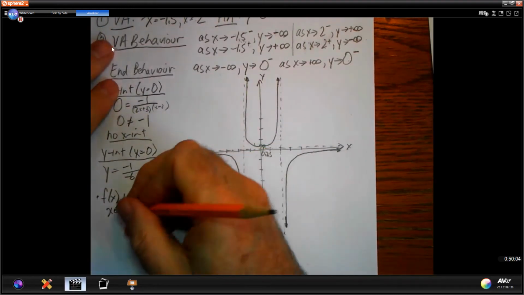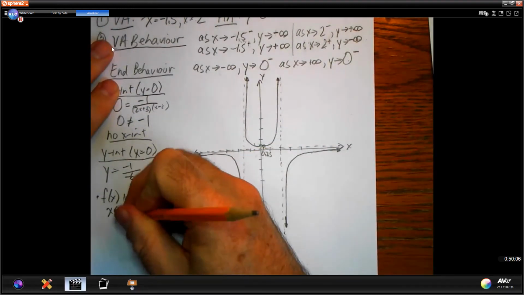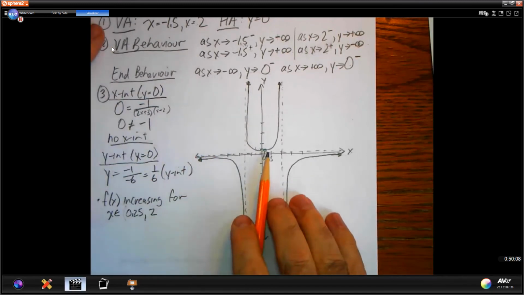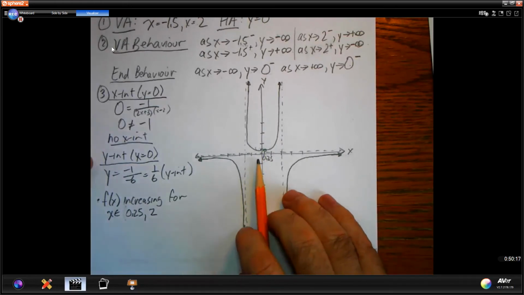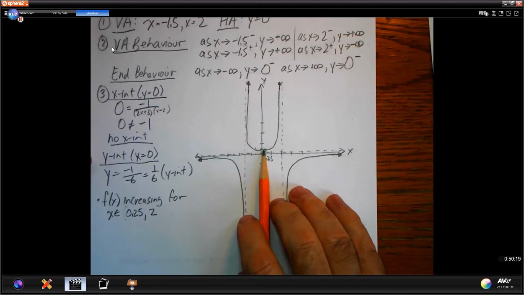Now, I have to be careful with my brackets. Now, at 0.25, I'll put vertex in quotation marks. That vertex, or that minimum, at that minimum, you ask yourself, is it increasing or decreasing at that lowest point?